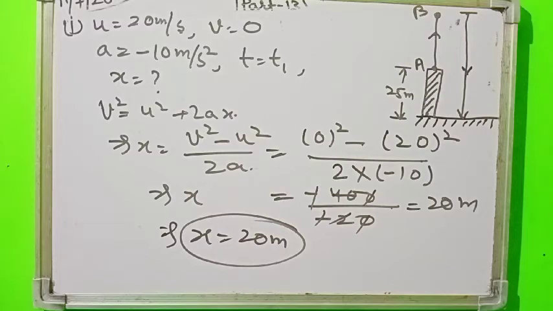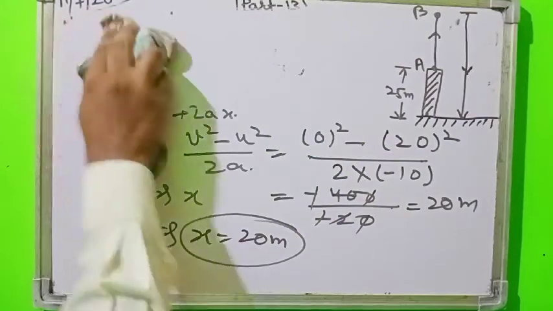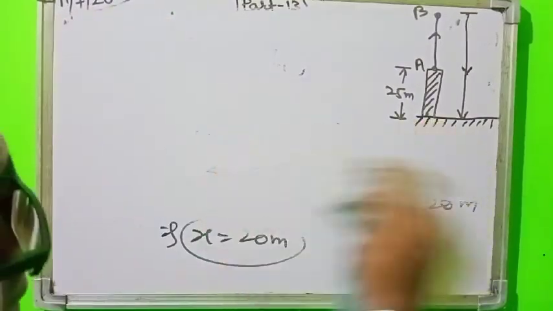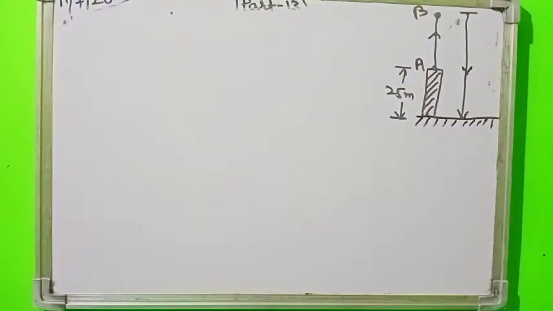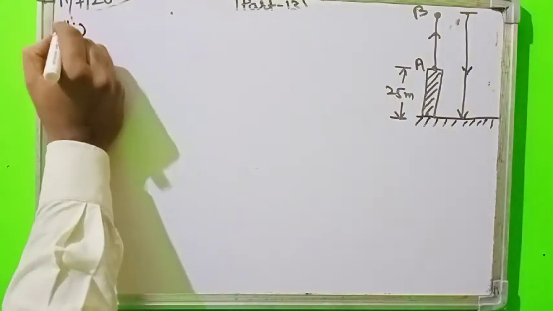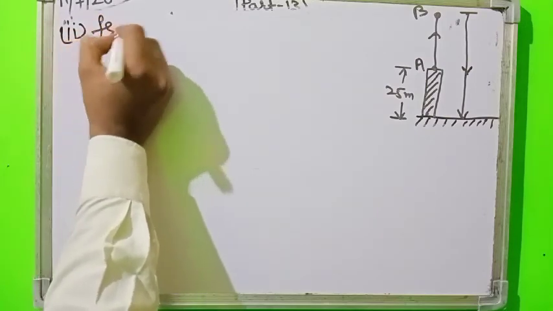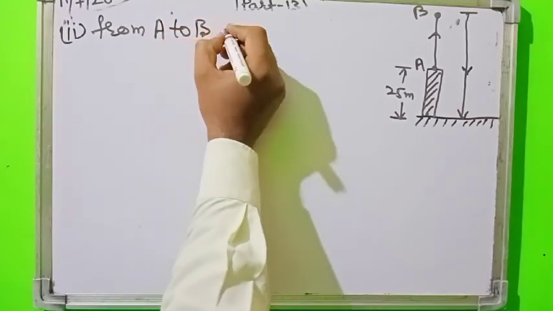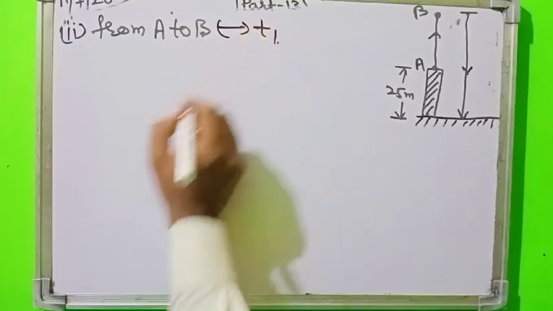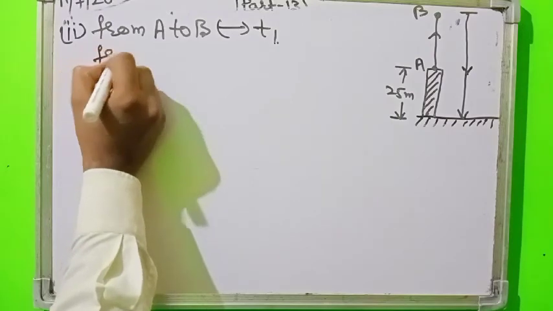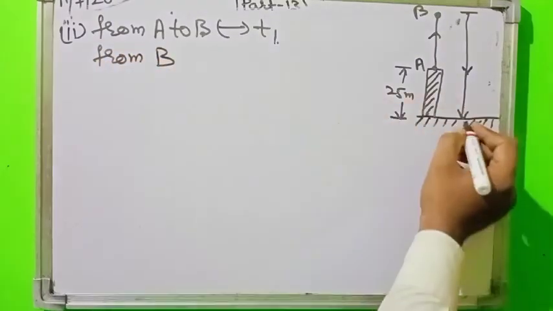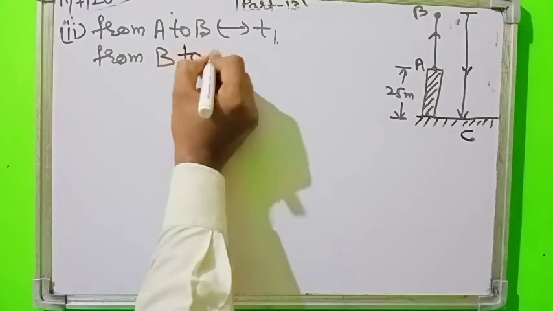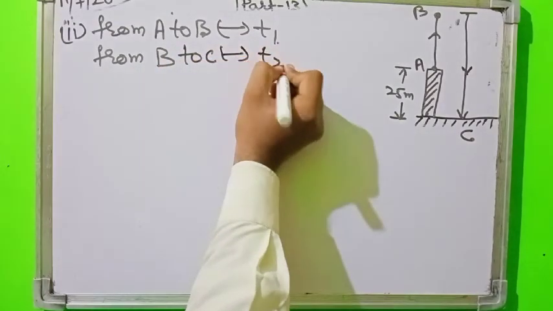Now the second part. I have to solve the second part. From A to B, time will be t1, and from B to C, time will be t2.